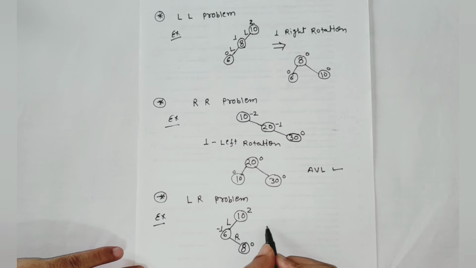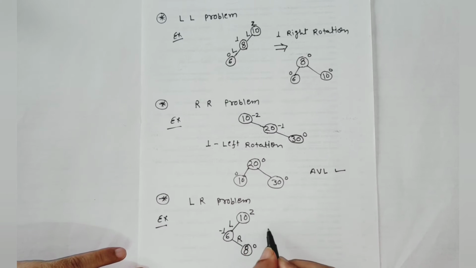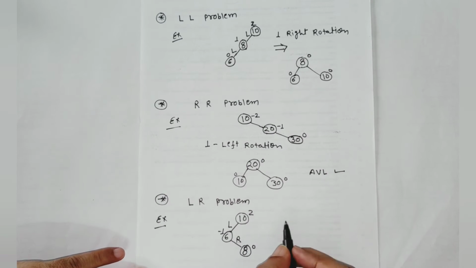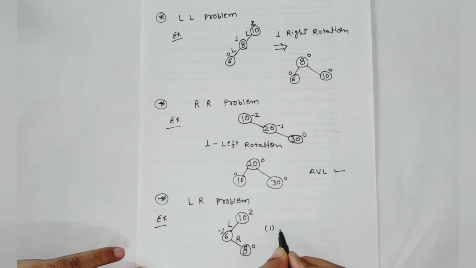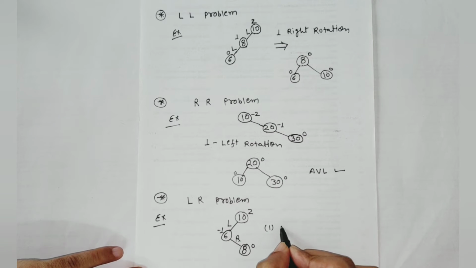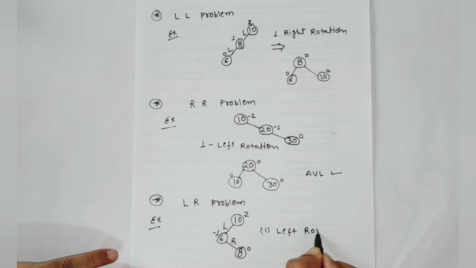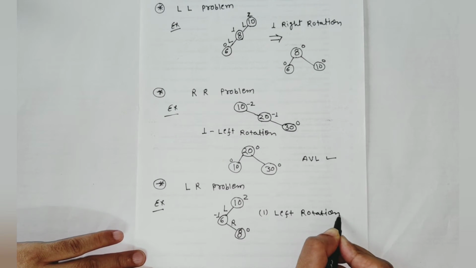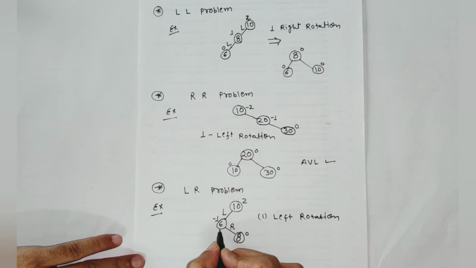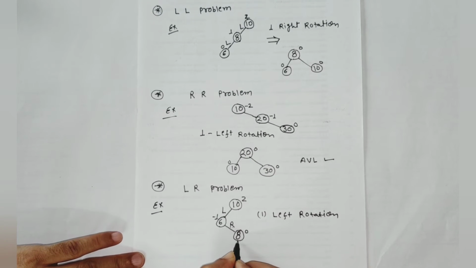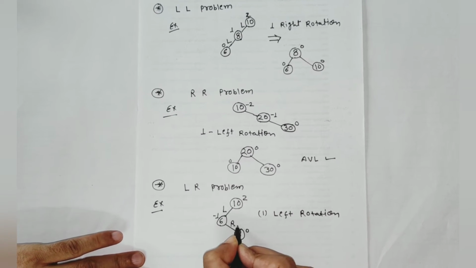So now let's see how we can solve this. To solve this type of problem, we need two steps. In the first step, we require one left rotation. So we will make a left rotation. We will fix this node and we will rotate 8 to the left hand side like this.